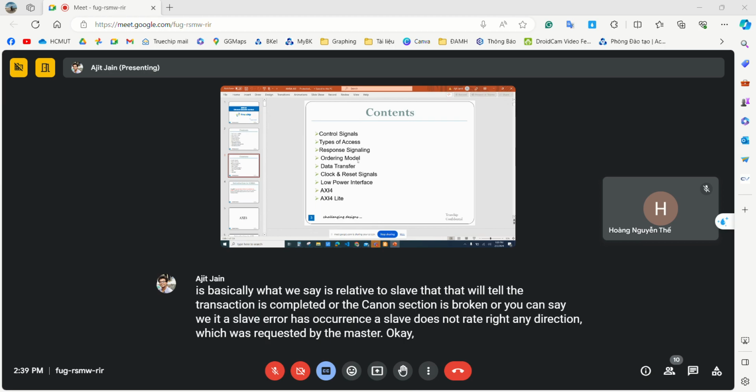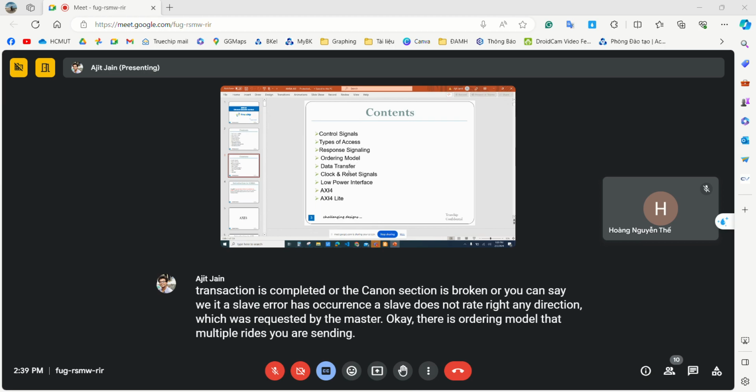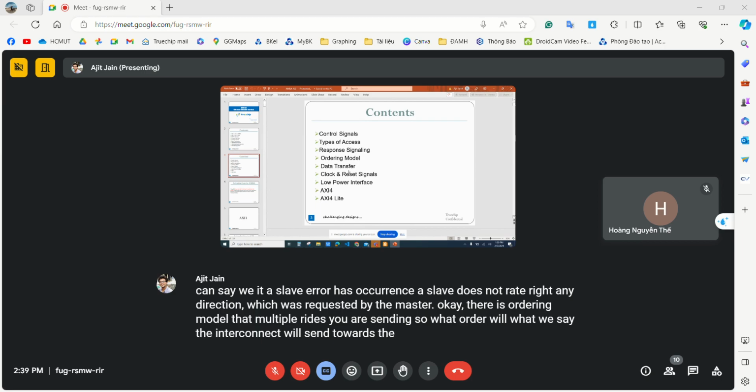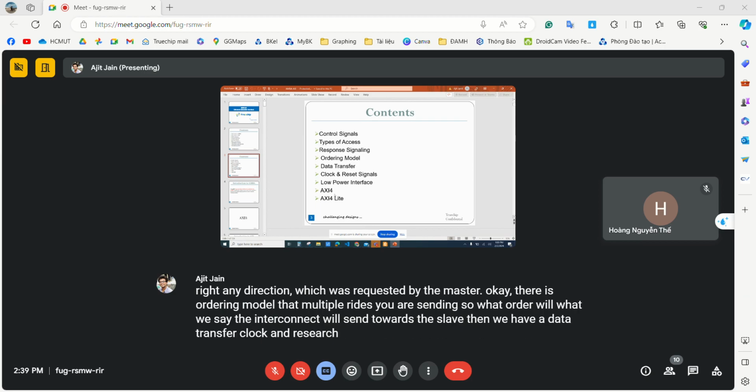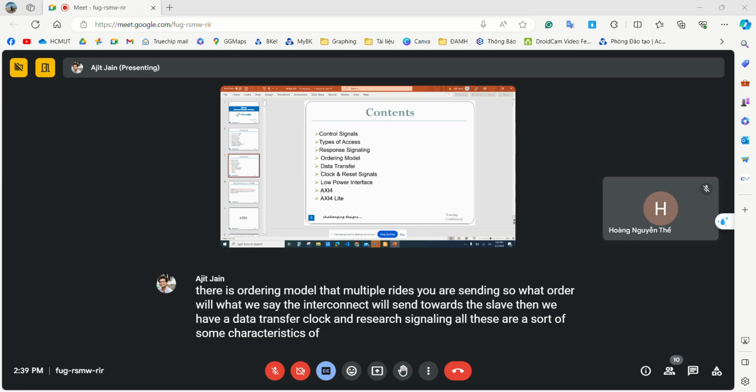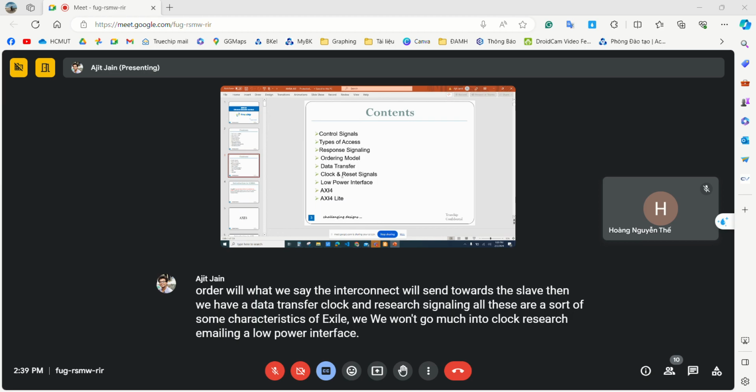There is an ordering model: when you send multiple writes, in what order the interconnect will send them towards the slave. Then we have data transfer, clock, and reset signaling. All these are characteristics of AXI. We won't go much into clock, reset signaling, or the low power interface. We will discuss more of just the general architecture of AXI.